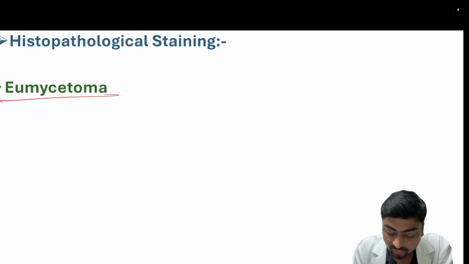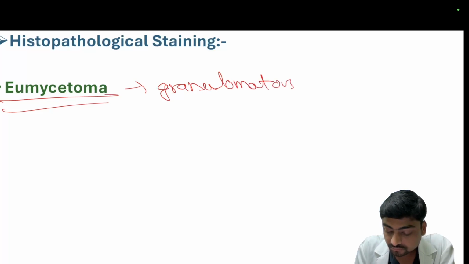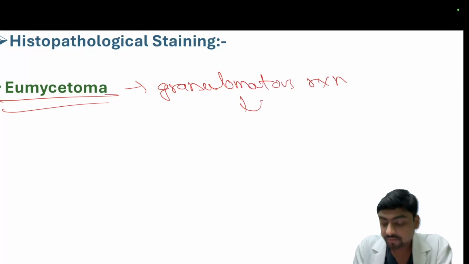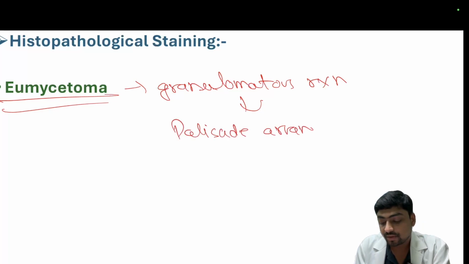Now we can also perform the histopathological staining. In case of eumycetoma, a granulomatous reaction will occur, and this granulomatous reaction will be composed of a palisade arrangement of hyphae.